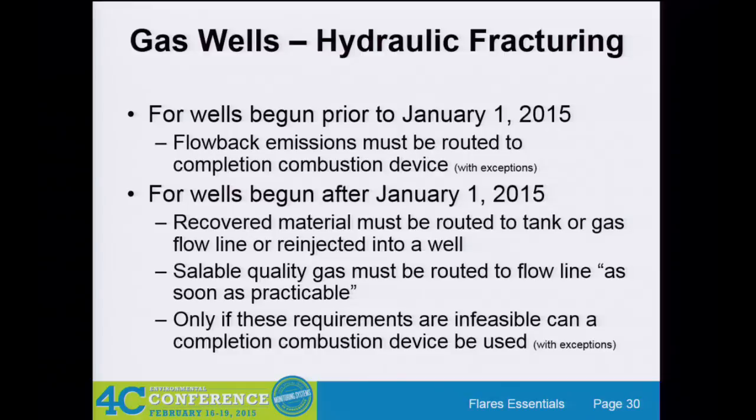So sellable quality gas must be routed to a flow line. If you've heard terms like green completions, reduced emission completions, that's what we're talking about. And for gas wells, I would say generally it's more the norm to sell that gas as quickly as you bring the well online.